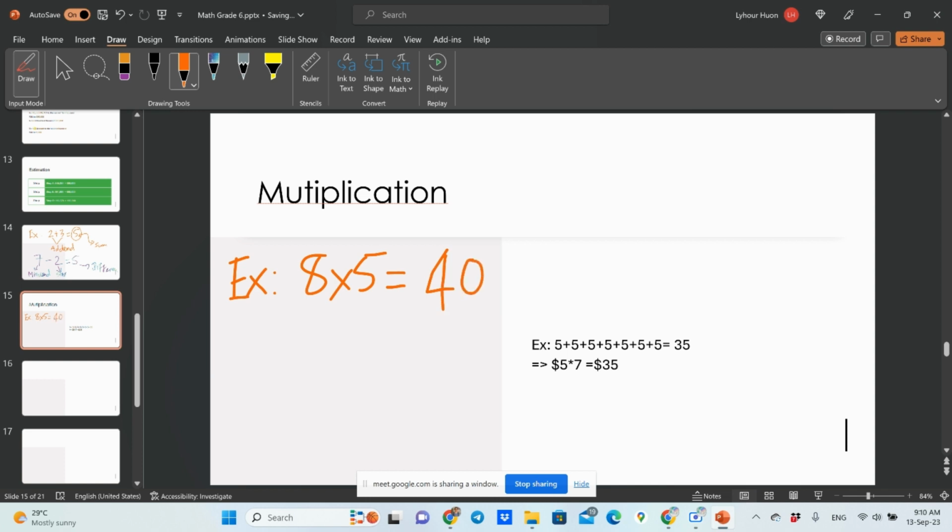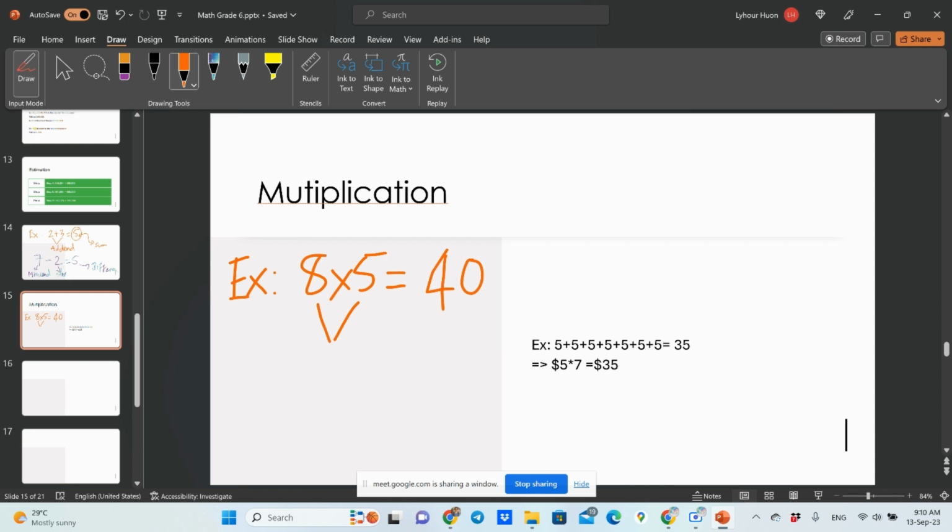Now, what are the components 8 and 5 called? Like addition, we have addends. Subtraction, we have minuends and subtrahends.